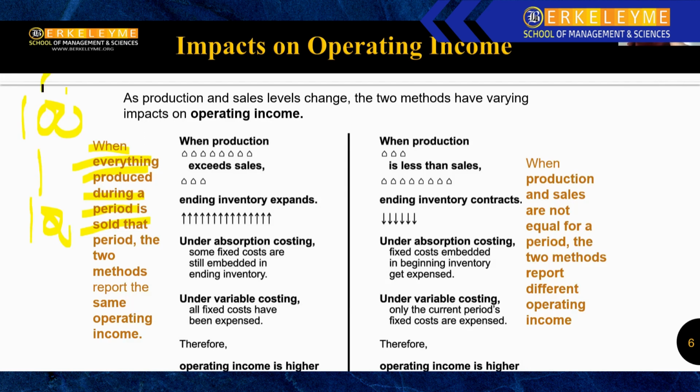Maybe 10 was the opening stock, 100 you produced, and 100 units you sold in this month or year. So you can see the closing stock figure is very low. Now recall the method of calculating cost of goods sold. What is cost of goods sold? Opening stock, add purchases, and less closing stock.